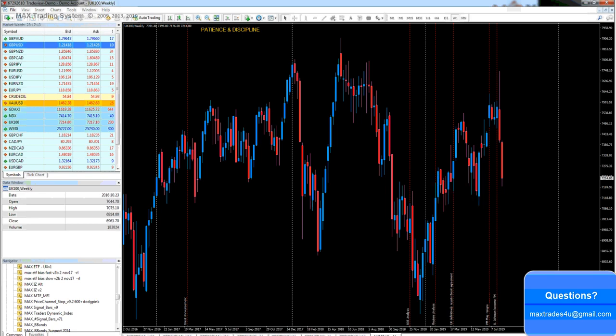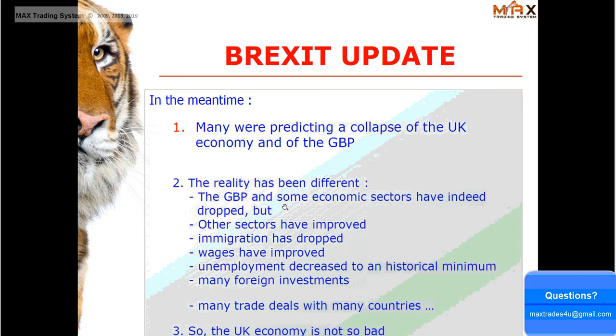However, there are signs we can observe in the UK which are the following. If we observe more carefully the different sectors or the different industries in the UK, we can see that some have improved, some have weakened. We have other important phenomena which are showing that the economy is not so bad. We have seen a drop in immigration.